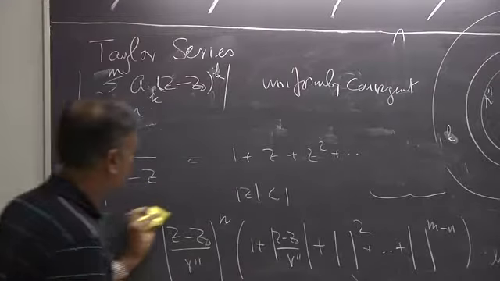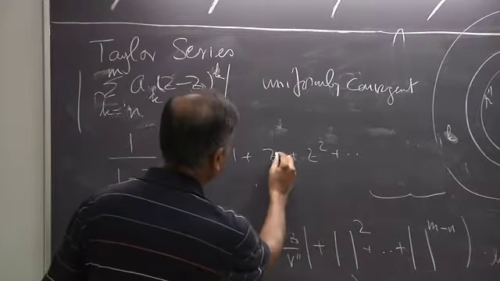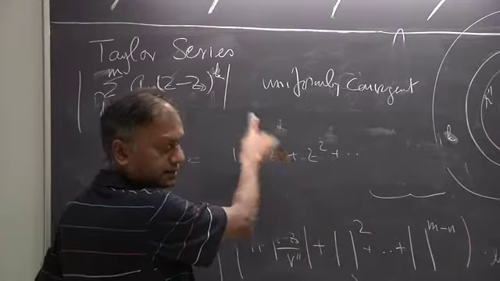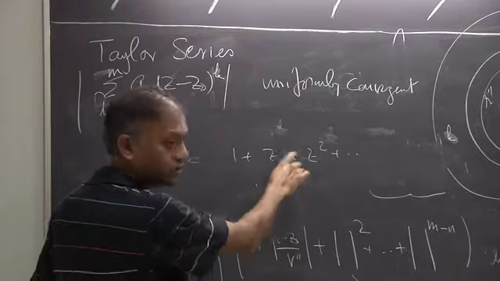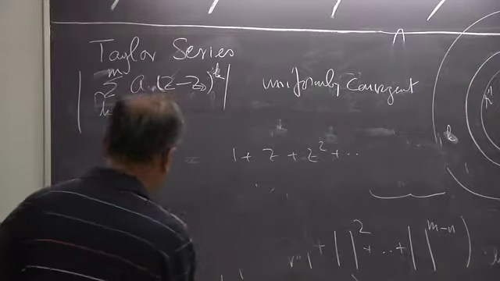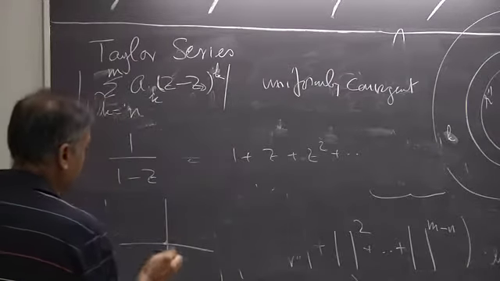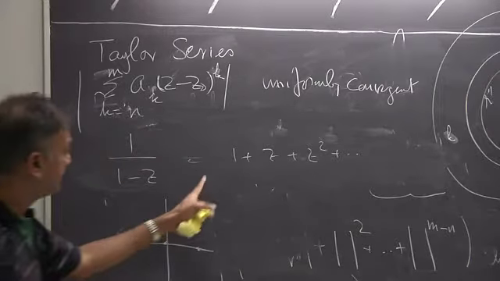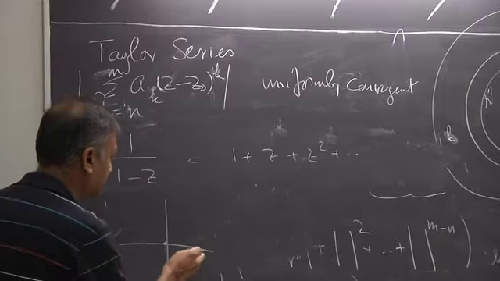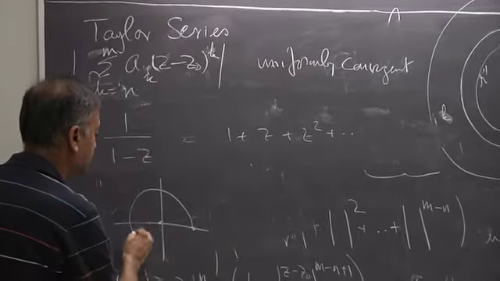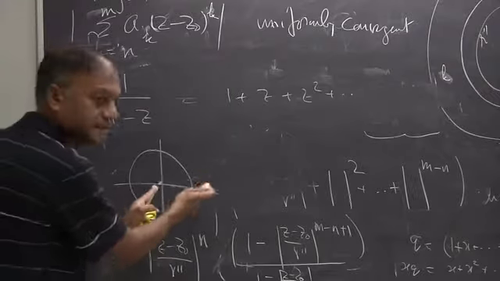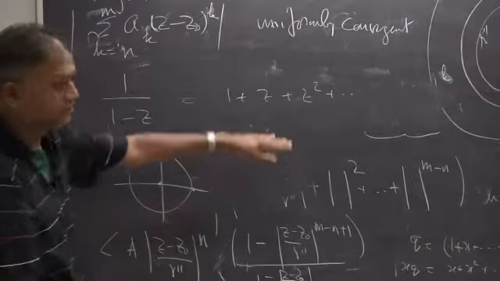Remember, in this expansion we have z minus z0, but I've taken z0 equal to 0. It's the same type of expansion, except z0 equal to 0. So here is the picture: 0, and this function has a pole there. Indeed, we see this has a radius of convergence of a circle of unit radius. Anything a little less than unit radius, this is convergent there.